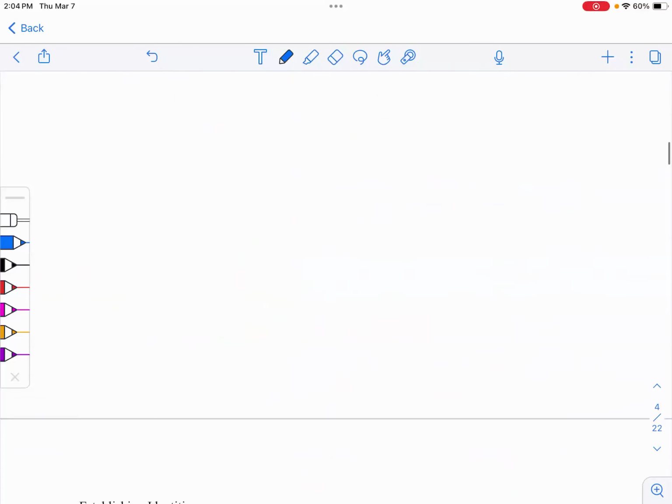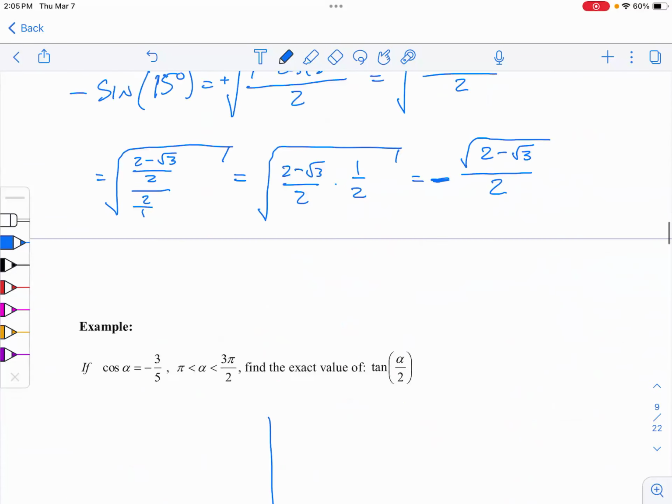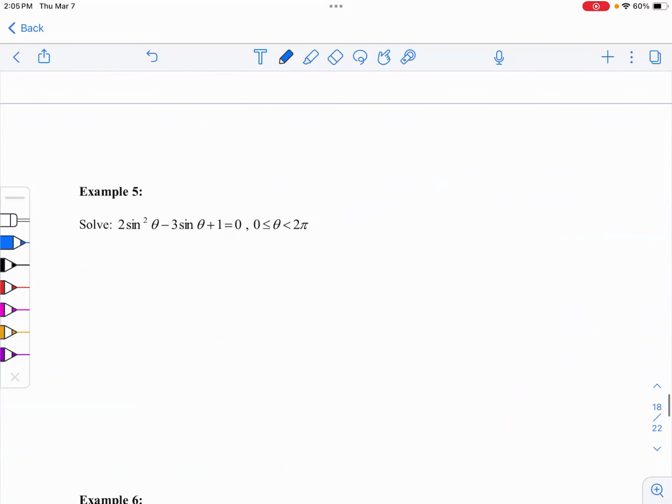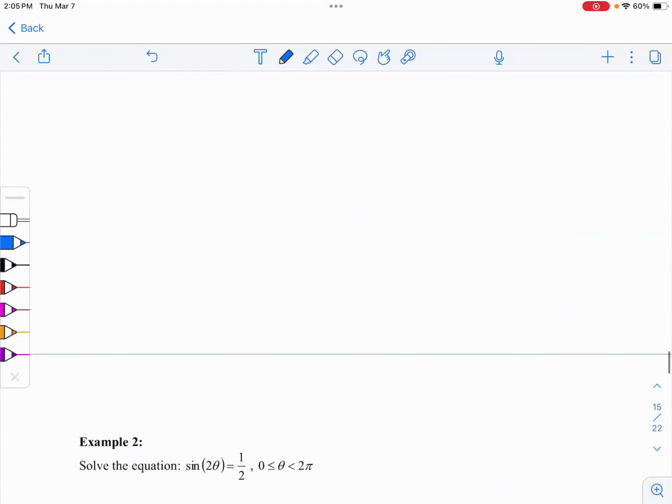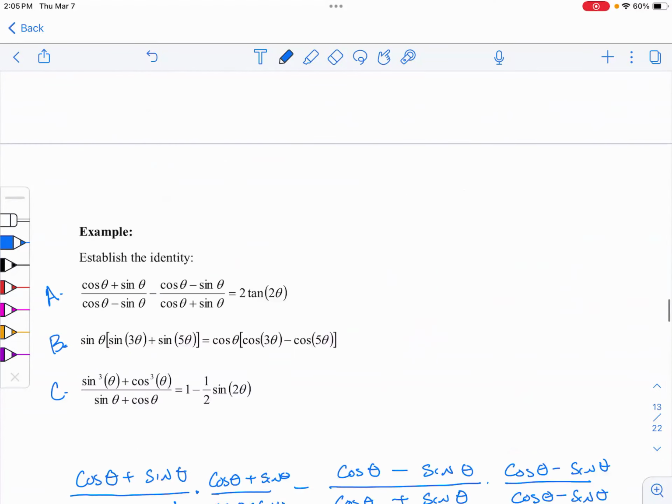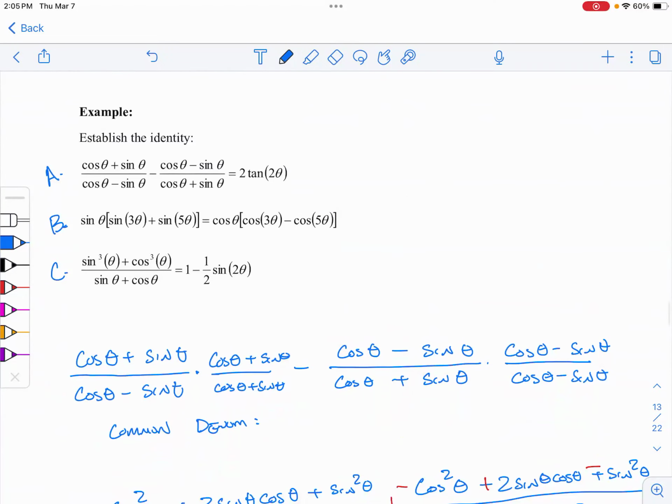And also, again, this is an established identity, so I know the solution. There's a double angle in the solution, which means I need to be headed towards double angles.